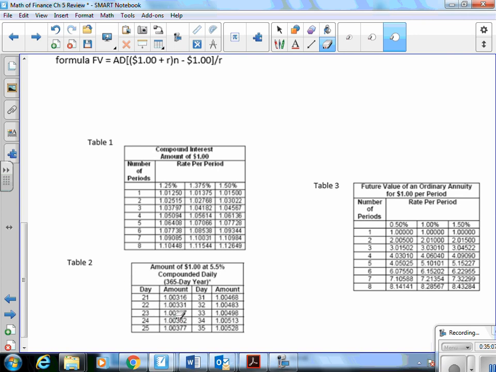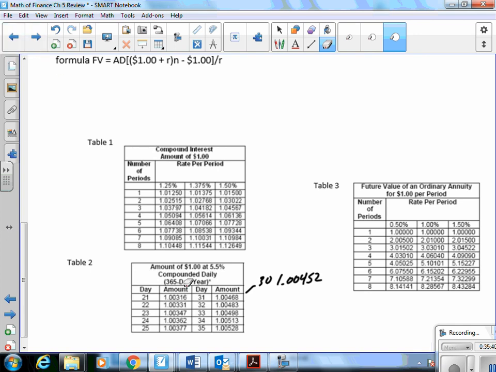When I wrote this up, I didn't notice that this table went 21 to 25 and 31 to 35 and completely left off 26 through 30, which is what we needed for this problem. It's not on this table, but the number I give you for the test will actually be on the table. But for 30 days, it's 1.00452.